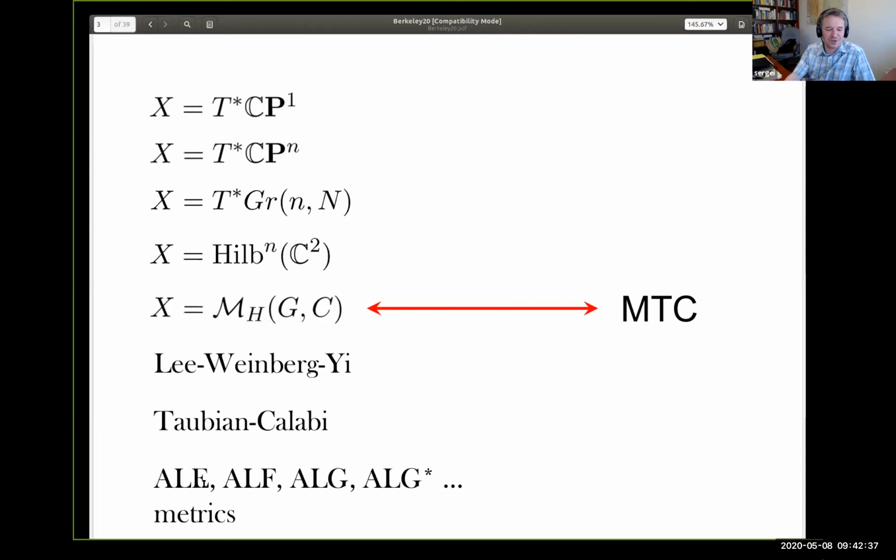But what distinguishes E, F, G, H is behavior at infinity. So they have slightly different behavior at infinity. And my favorite example here is actually G star. So that's a very exotic, interesting hyperkähler metric, which is a close cousin of ALE, ALF, ALG, and so on, that has very interesting growth.